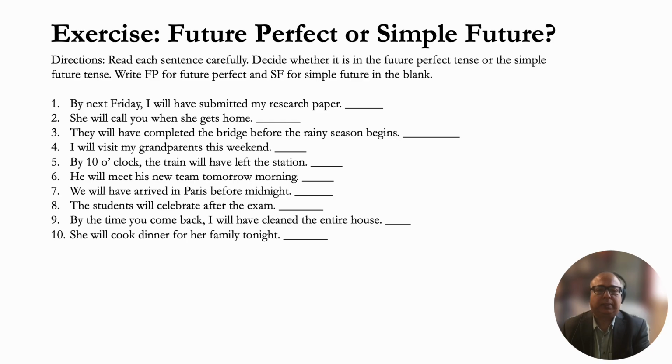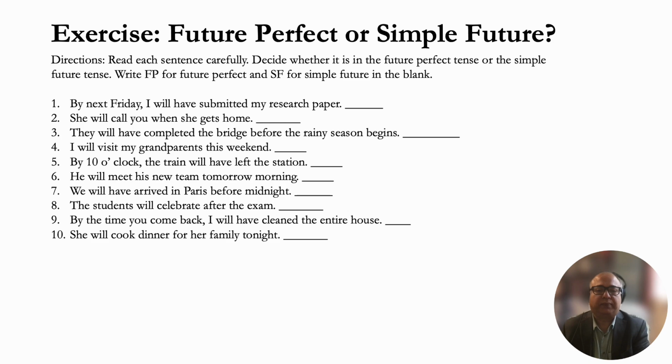All right. There is one more sentence exercise that I have thrown in there for you to compare the future perfect tense with the simple future tense. If you remember, that's how we started the future tense lessons. Okay, so I need you to read each sentence carefully and decide, right?